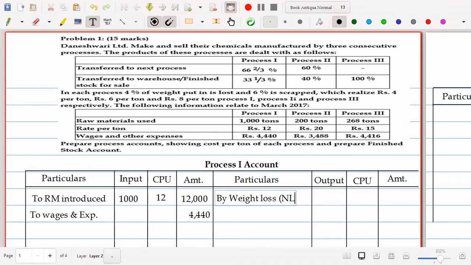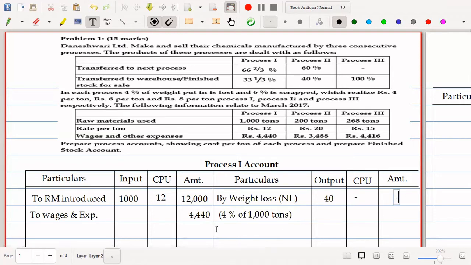It's given as 4% of input. Input means 1000 tons. It comes to 40. So this weight loss will not have any value as such, so you have to keep it nil.